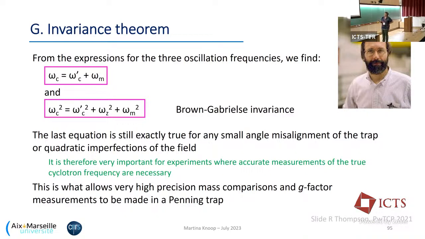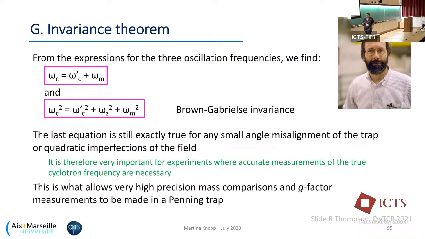What Jerry could show is that there is a condition between all the frequencies, okay? And this condition holds even if the trap has slight imperfections or slight misalignments, okay? This condition still holds.